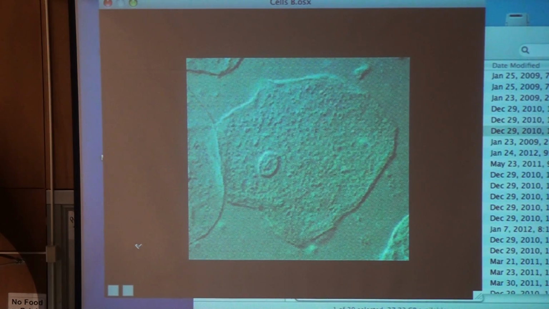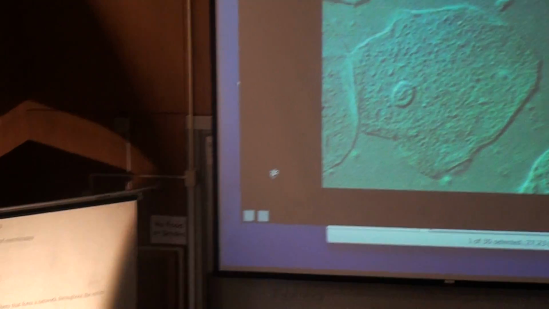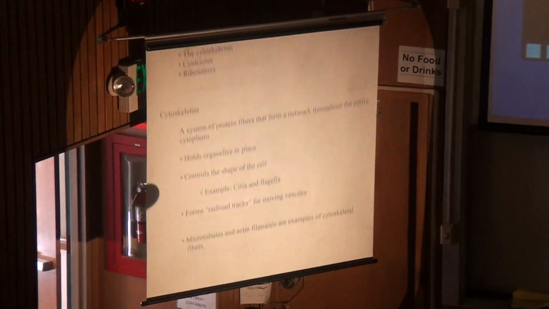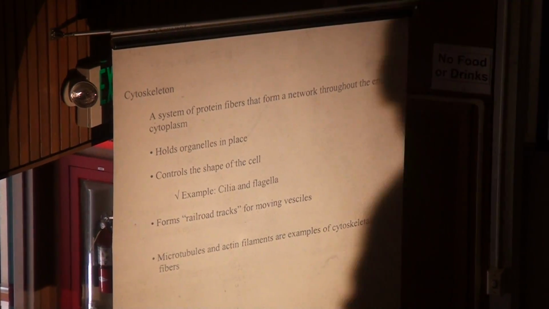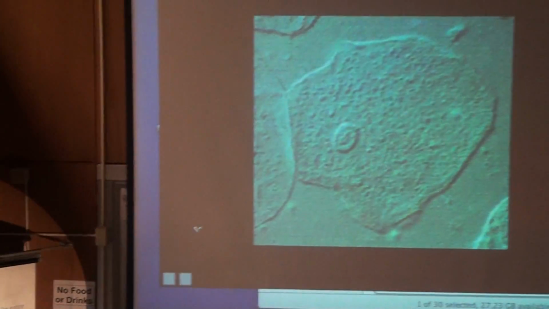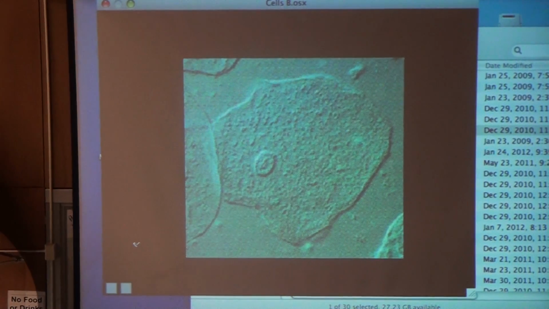Let's start off with the cytoskeleton. Here in your notes is a list of the 3 non-membranous organelles I want to talk about. The cytoskeleton, the centrioles, and the ribosome. If you look at a cell under a microscope like this one, you can see certain structures.